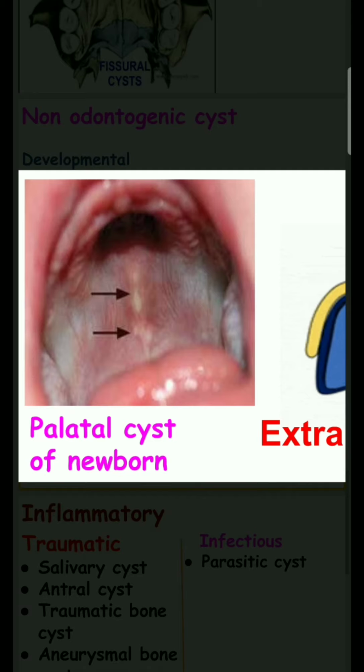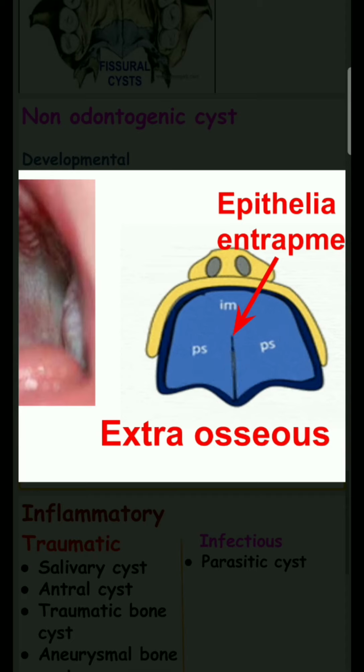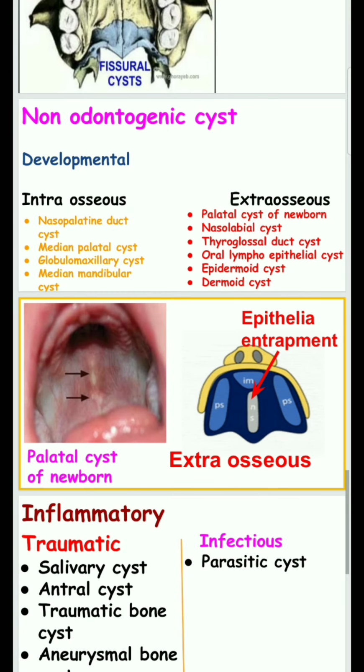In this cyst also, the epithelium gets entrapped in the mid-palatal area, and as a result a cyst forms superficially. But the median palatal cyst is inside the bone, whereas the palatal cyst of the newborn is outside the bone, in the soft tissues.